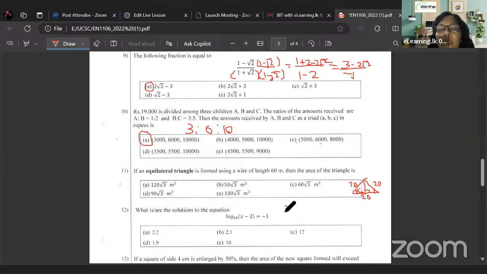20 sin theta, if you consider this as a right angle triangle.